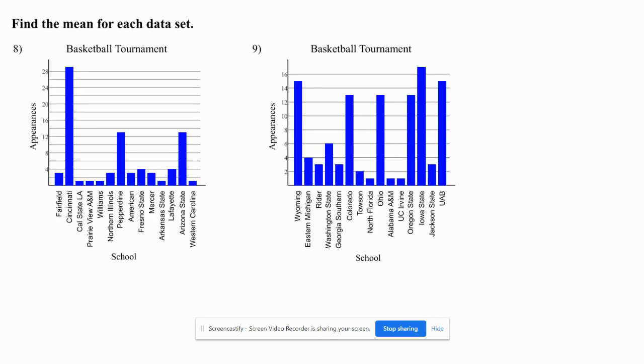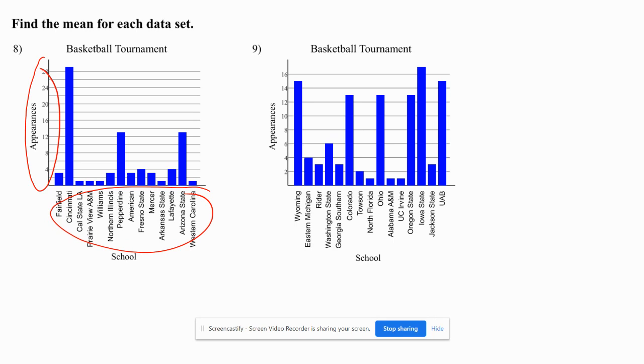Another way you can see some data is with graphs. What I have here is information. In this case, both of them are about basketball tournaments. Here at the bottom, I'm talking about some schools. But here on the left, I'm talking about appearances at tournaments.